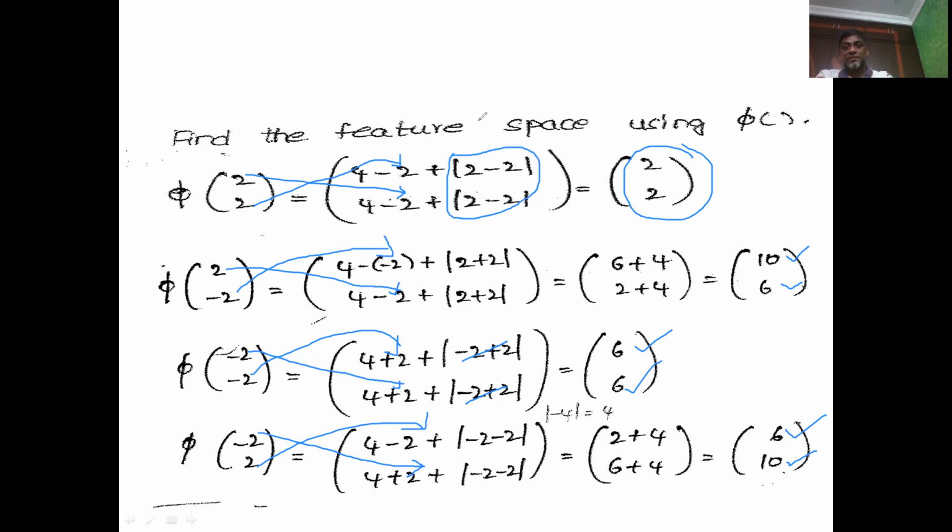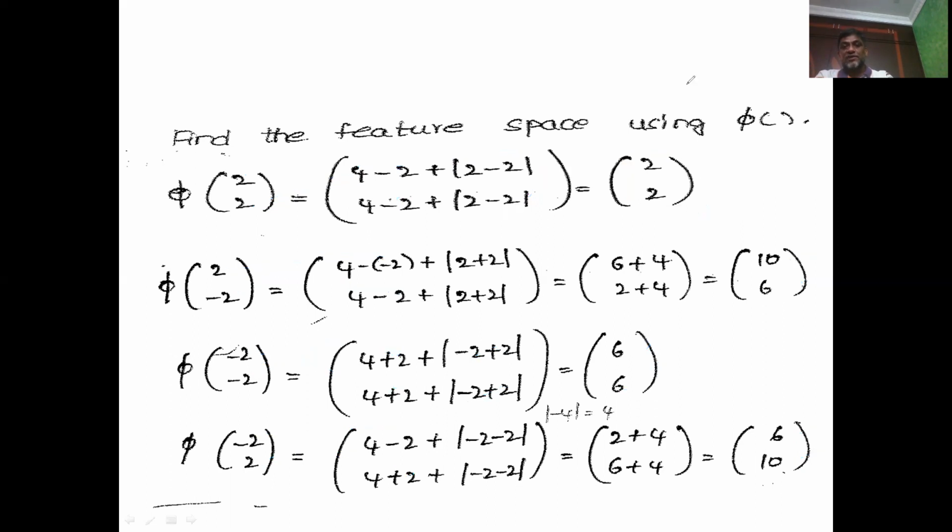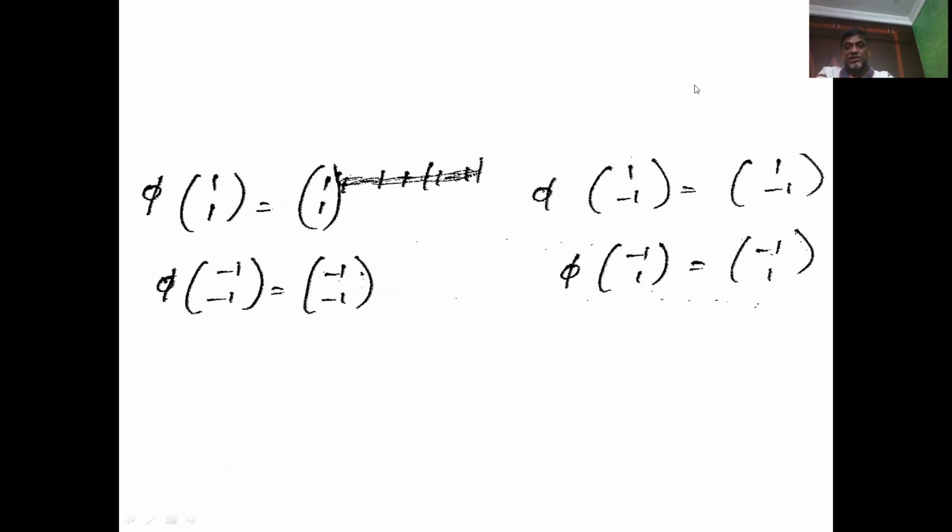Similarly, we need to calculate the feature space values for the negative class labels also. For negative class labels, if you see the constraint, if you calculate the square root of x1 square plus x2 square, it's going to be the square root of 1 square plus 1 square. So this is going to be the square root of 2, which becomes 1.4, something like that. We know that if it is greater than 2, then we use the previous formulas.